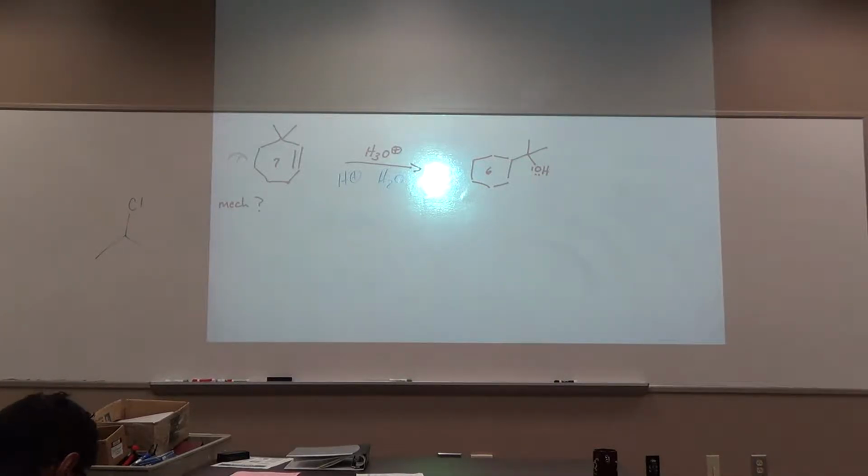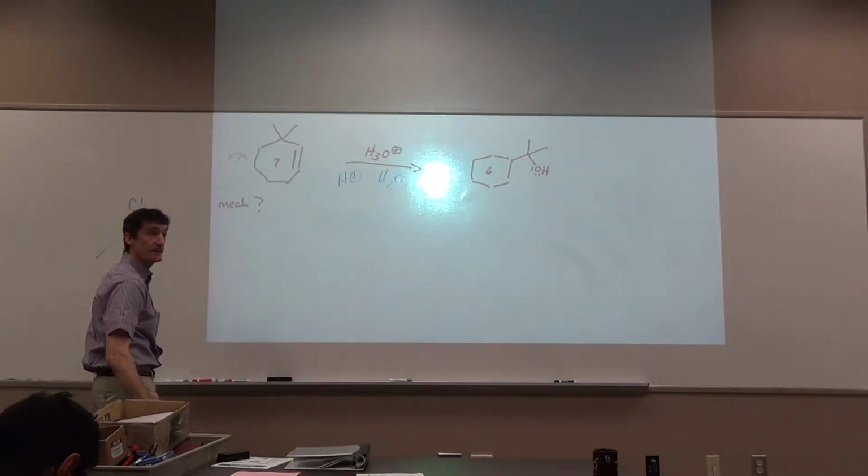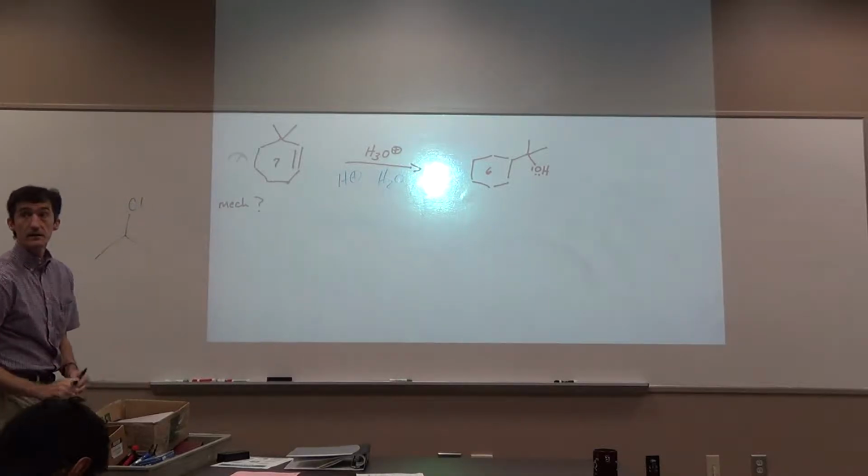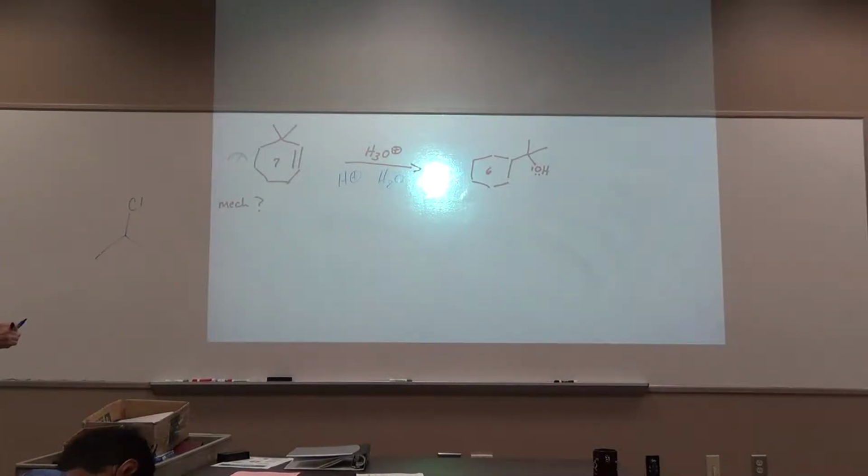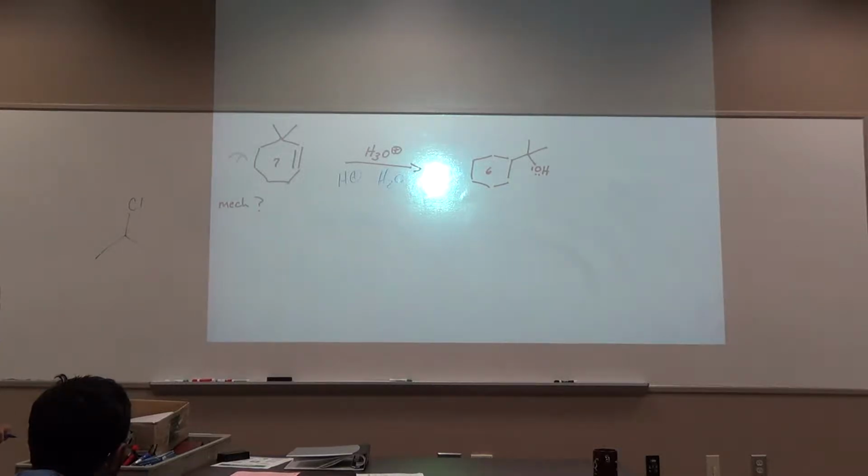Does it look like it would be selective? Is the cation top or bottom on this alkene? Either way, it would be secondary. So there's really no selectivity there. So do we just do either or both?